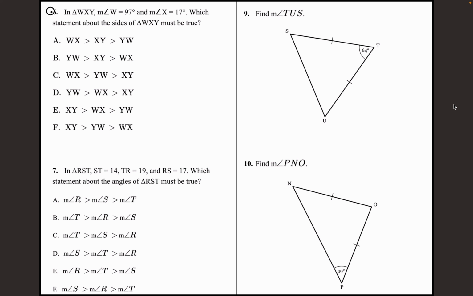Get your calculator. We'll look at this real quick. So are you struggling on the angles? Yeah, I don't know how to use it. Okay, so we'll do angle C first.